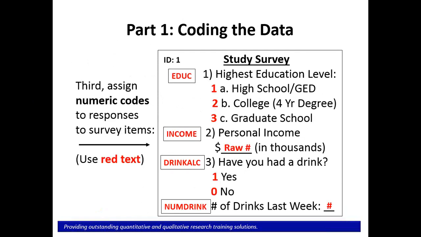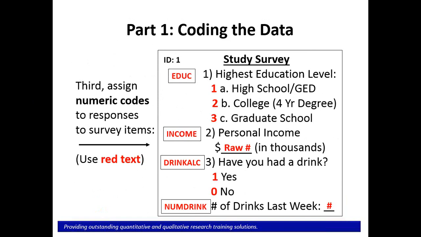Now you'll see, also in red text, are numbers next to the possible responses for each survey item. So for highest level of education, high school/GED now has a 1 to the left of it, college, four-year degree, now has a 2, and graduate school now has a 3 next to it.